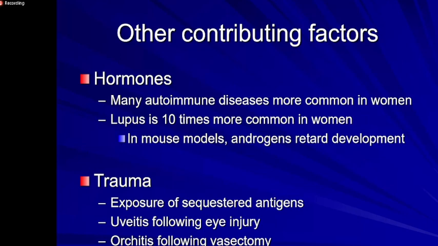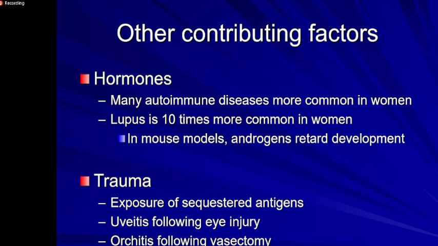So if you have trauma on one eye, you realize that even the opposite eye will be affected. If you're a footballer and you get orchitis on one testis, don't be surprised if even the other testis becomes swollen, because the antigens which had been sequestered in those areas are released by the trauma into the circulation, and for them to be identified, subsequently either T cells or antibodies will be formed.